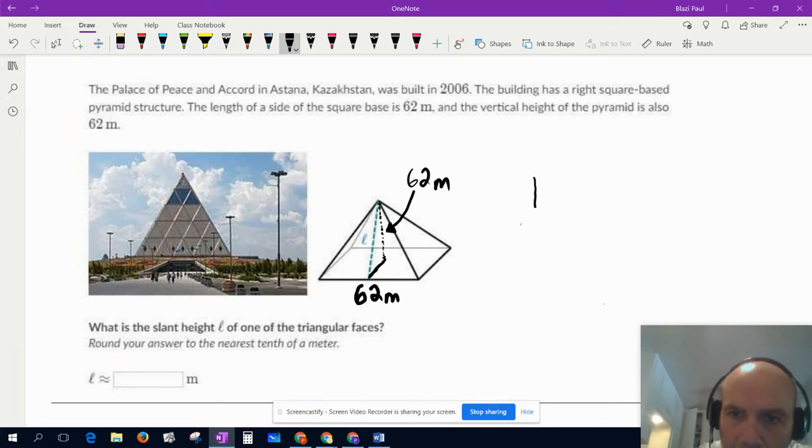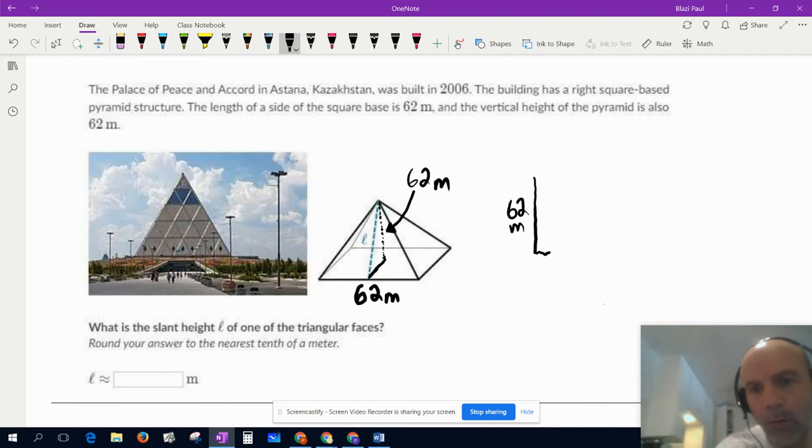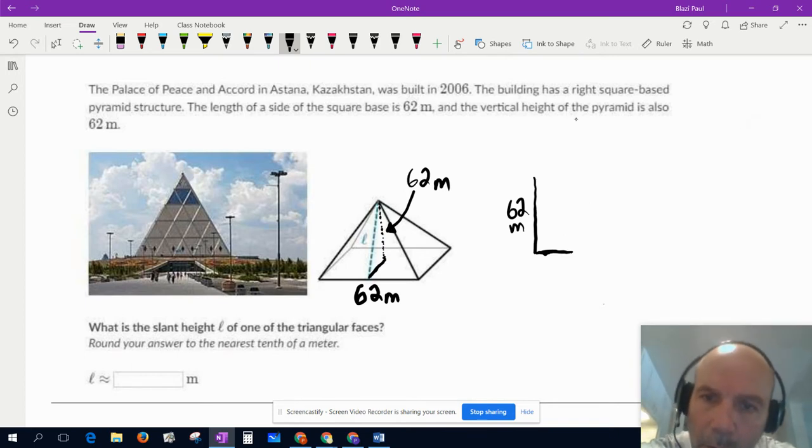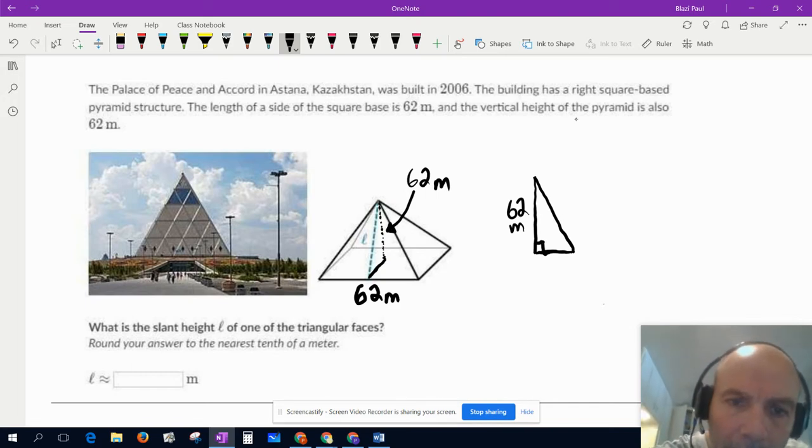Here's the vertical height, this is 62 meters. Now we don't know what this is yet, and we don't know what this is yet, right? We do know this is a right triangle here. This vertical height makes a right angle right there.